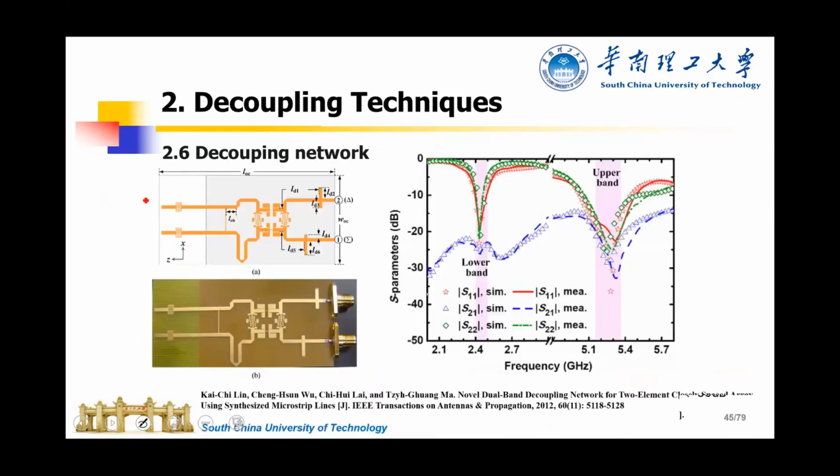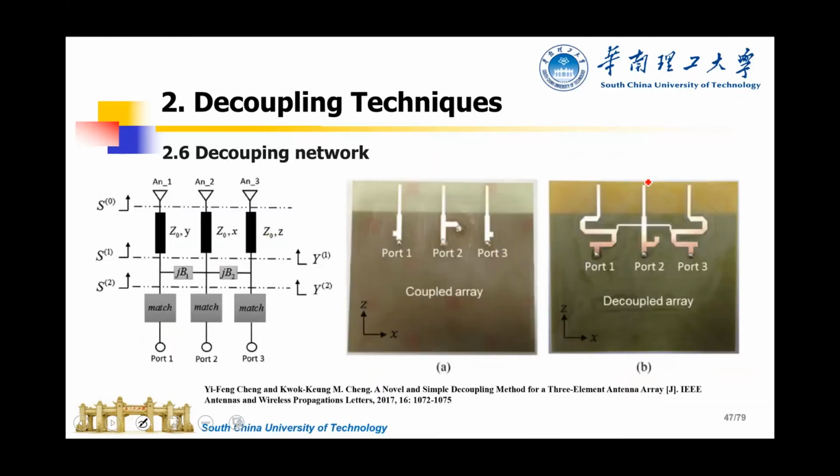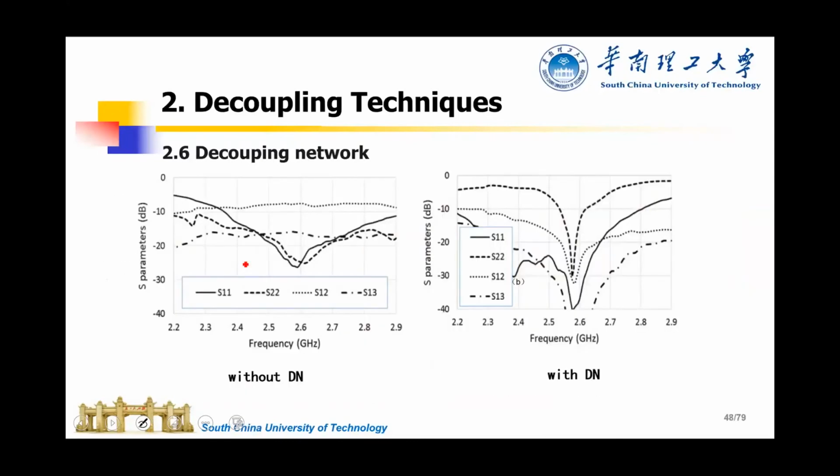This is for the 2 bands, a 2-band decoupling network. Also, when many antennas are close together to form multi-element MIMO antennas, you can use many decoupling networks like this. So it also has good performance.